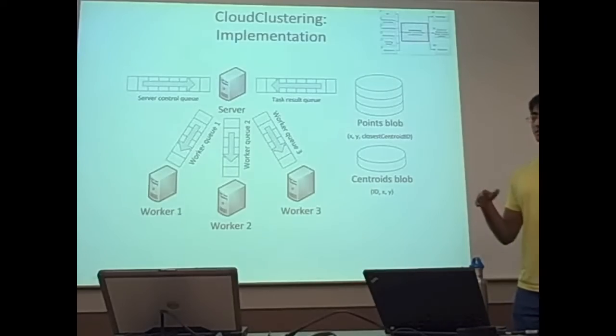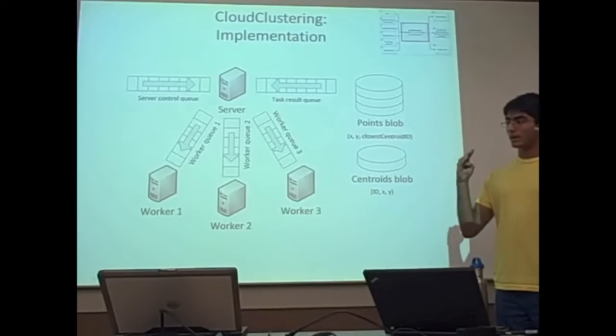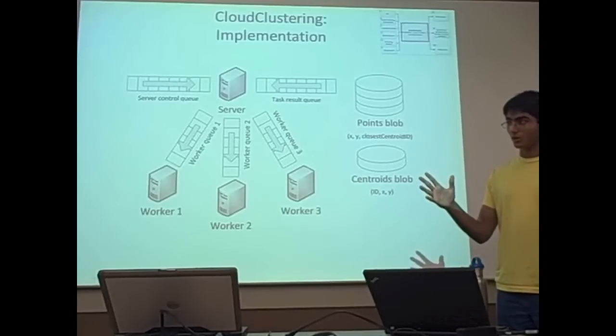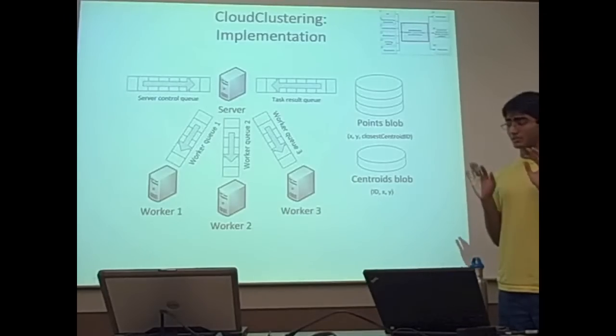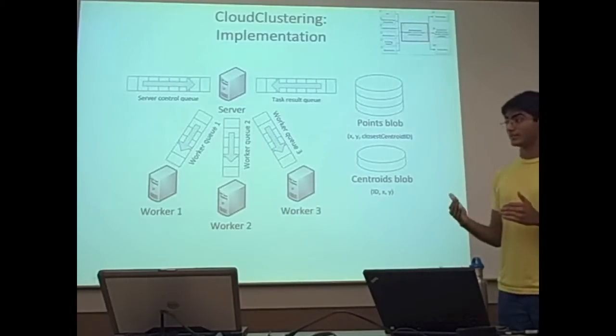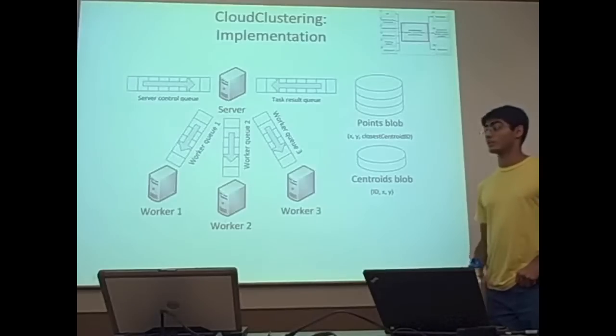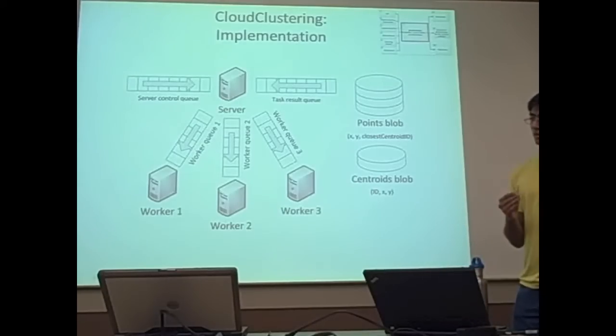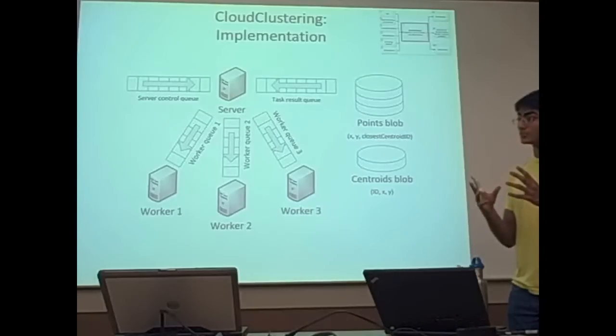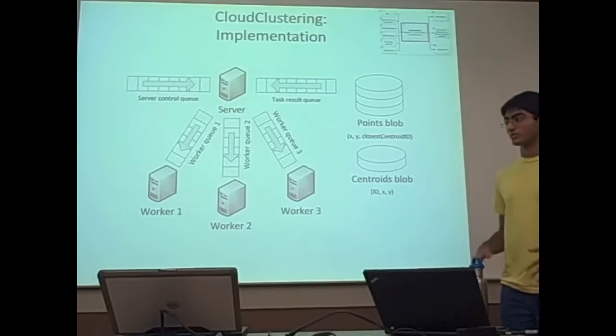In this case it's just based on where the points are in the overall blob, but the goal is that we partition evenly. The centroids don't come into this, so the clusters aren't relevant. Workers treat their partition as if it were the entire data set, calculate the partial point sums, and return them to the server, which merges them all back together.